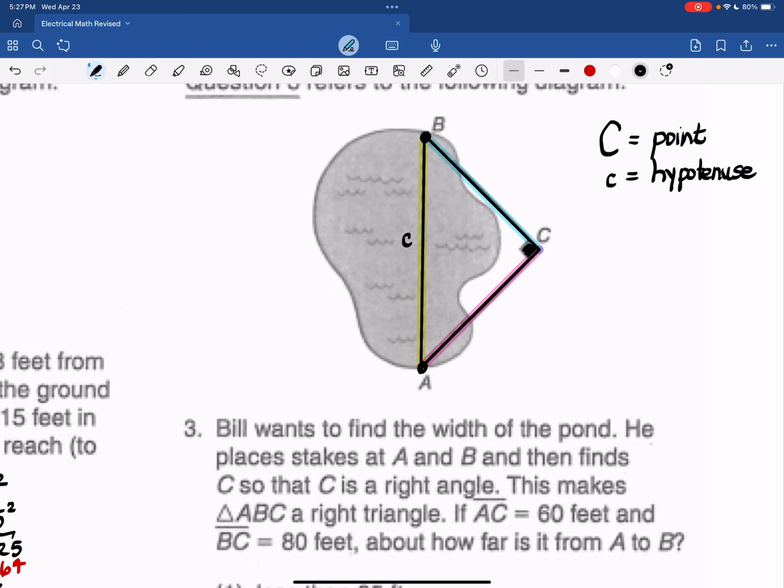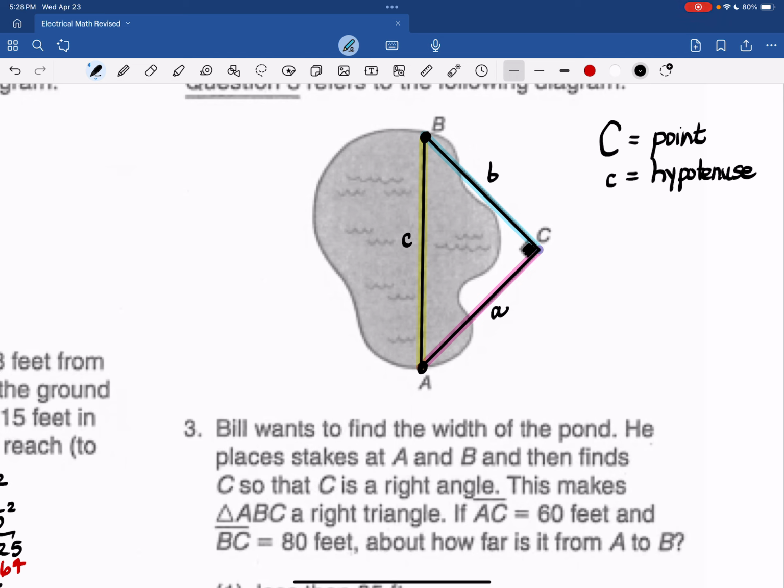This little a and little b refer to lines. The big capital letters refer to points. This makes triangle ABC a right triangle.